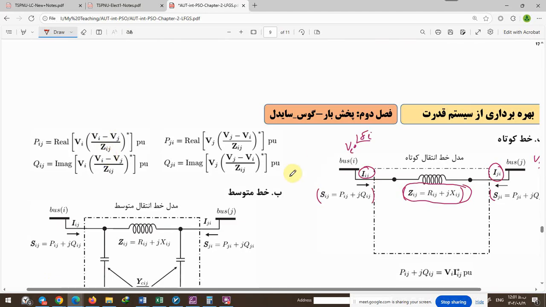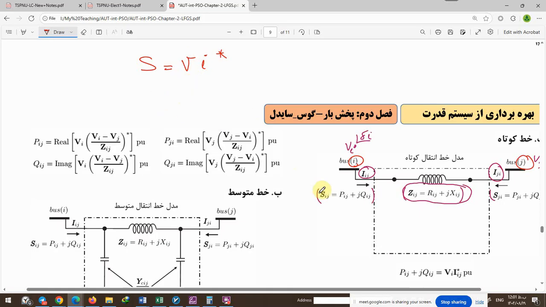For finding active power, you can calculate from the flow from bus I to bus J. You can use this main equation, S equals V I conjugate.